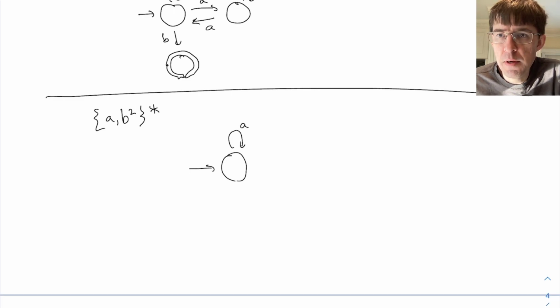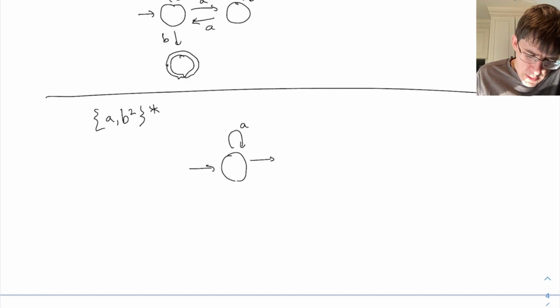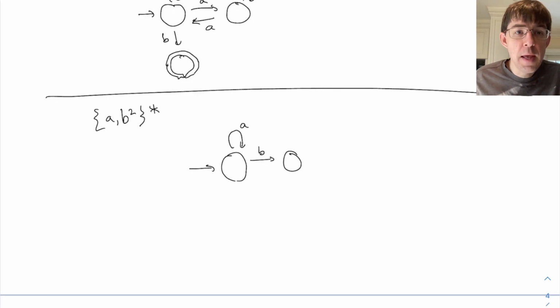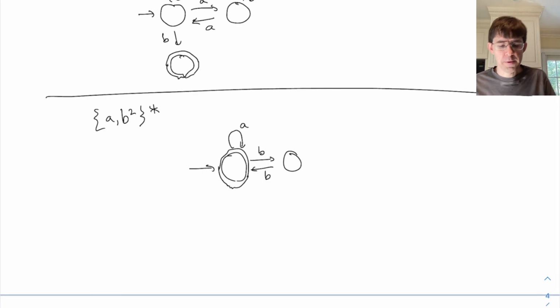This one's a little tricky. I don't know if you didn't figure it out or just don't want to say it, but we got to go anyway in a moment. So I'm going to tell you, I did it like this. If you see a B, you must have another B also right afterwards. And then I make this the accepting state. Like that.